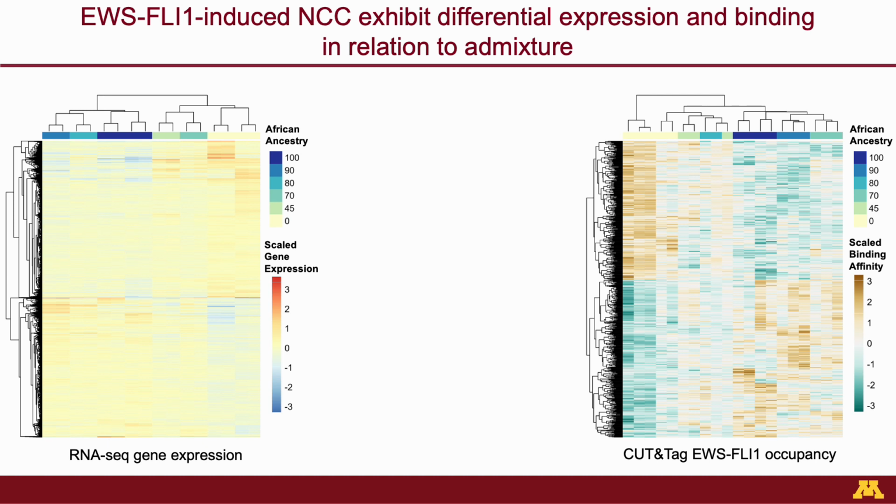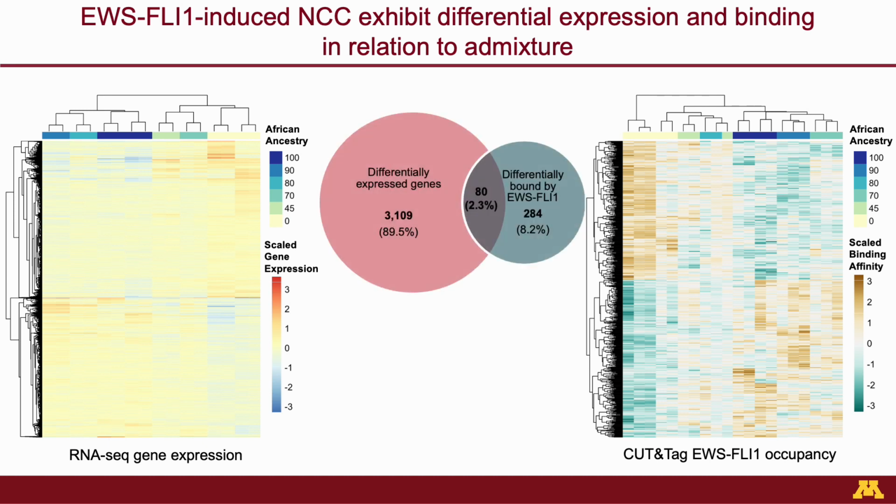We next asked, which of these genes are both differentially expressed and differentially bound based on ancestry? And we identified 80 targets that are potential ancestry-linked differential EWS-FLI1 response, or as we call them, alder loci, that could have a critical role in the early transformation of cells in Ewing sarcoma.